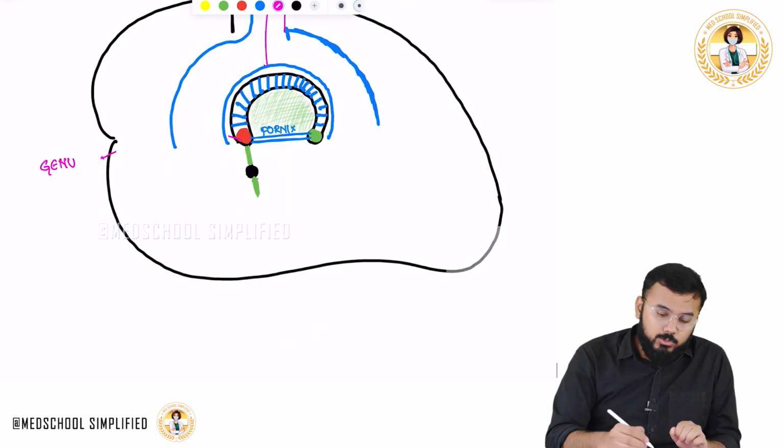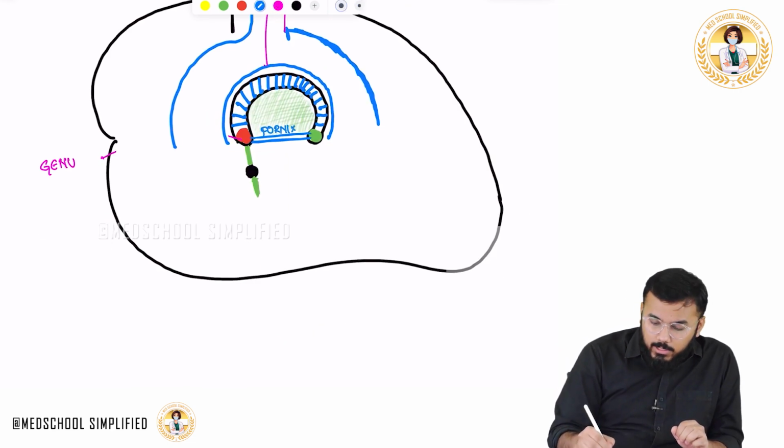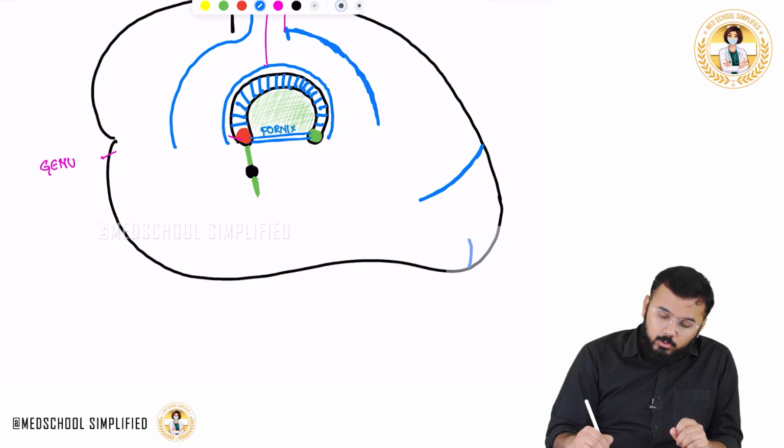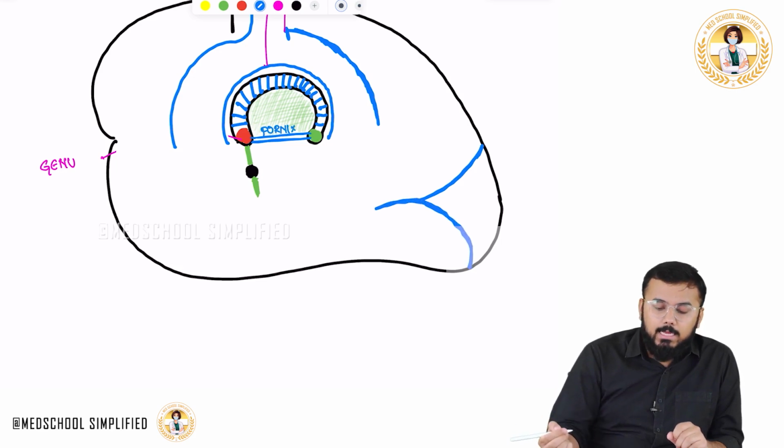Next, posteriorly, if you see, here you have got a sulcus like this. This is called the posterior occipital sulcus. Next, you have got one more sulcus that is coming all the way like this. This sulcus over here is called the calcarine sulcus.